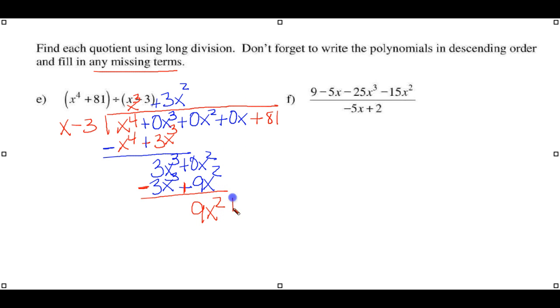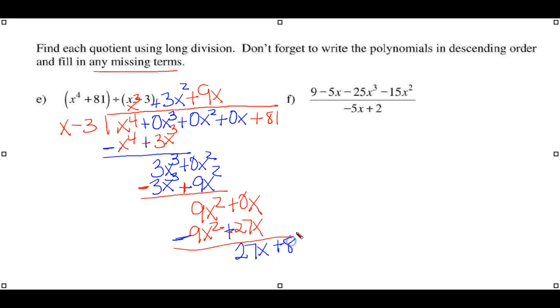We bring down our no value term and x goes into there, plus 9x times. This gives me a 9x squared. This times this is a negative 27x. Change our signs. This becomes 27x.